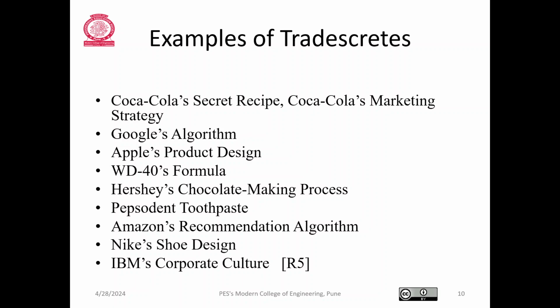Nike's shoe design is there. IBM's corporate culture is there. The many recipes from Amul. Yes, the many recipes from Chitale. These are the trade secrets. And one of our favorite examples, Lay's chips, that is also a big trade secret.